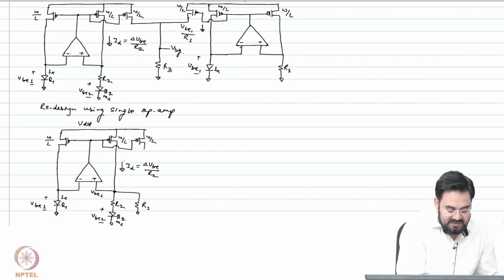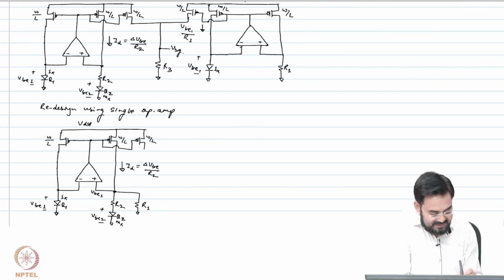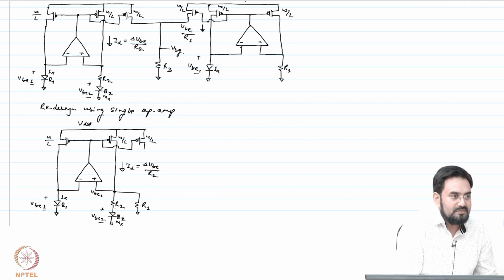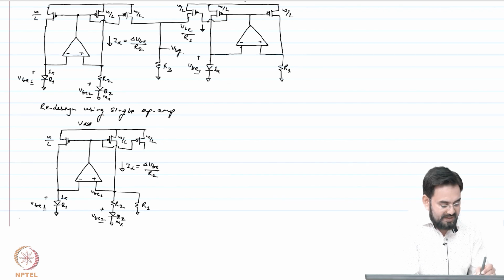But what is the problem with this? Current that side will also get changed. Yes, so the current will change here. The currents are not same. So this device, the Q2 device, is seeing only delta VB by R2, because VB by R1 current is flowing into this resistor. But here it will see both the currents added up. So the currents are not matched.